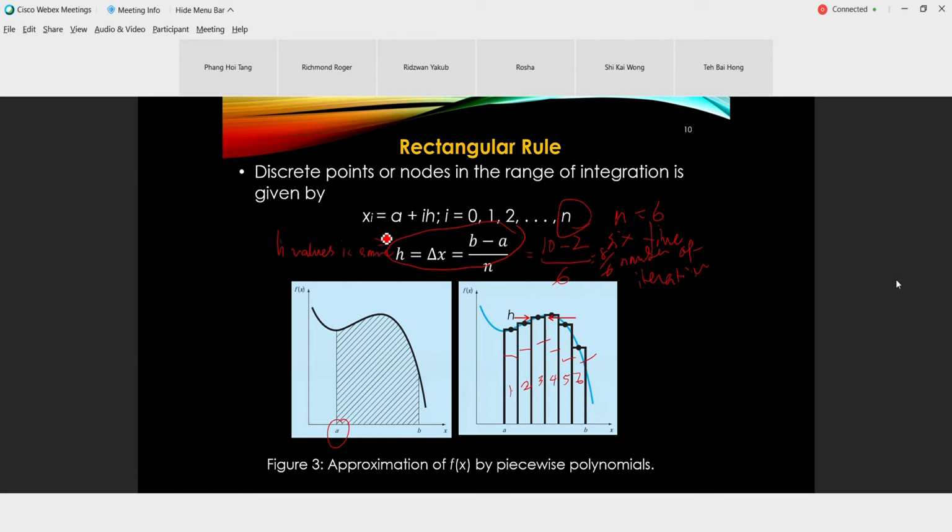And then the h value or delta x we call the step size. Step size. We also know it as step size or increment or equal space size.